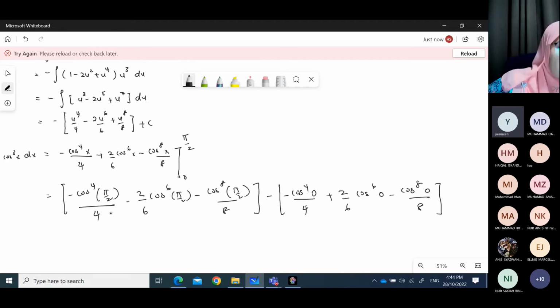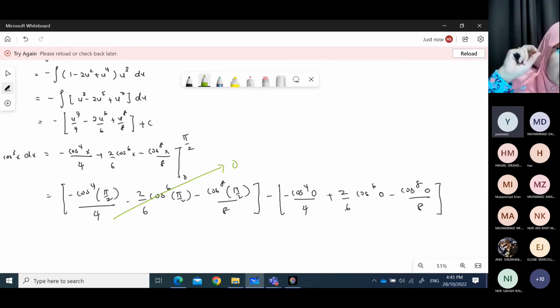So 0 over 4 minus 2 over 6 times 0 minus 0 over 8. So this one it is approaching to 0. Cosine 0. So cara dia nak cari macam ni ada kuasa 4, kuasa 6, kuasa 8. First you cari dulu cosine 0. So cari cosine di 0 dah dapat jawapan, you kuasakan dia 4. Macam tu.